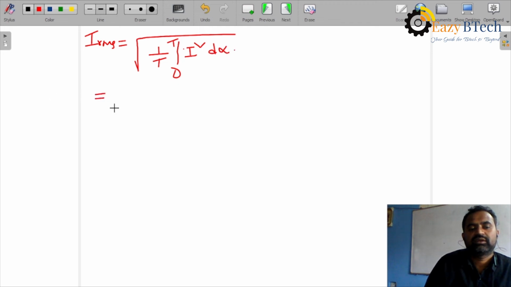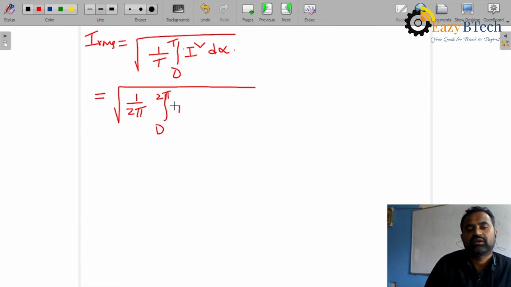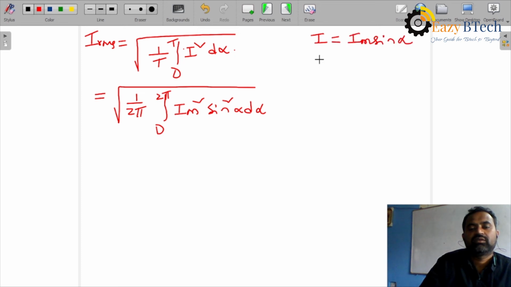Now we will write under root 1 by 2 pi integral 0 to 2 pi Im square sin square alpha d alpha. By substituting the value, I is equal to Im sin alpha, I is equal to minus Im sin alpha.